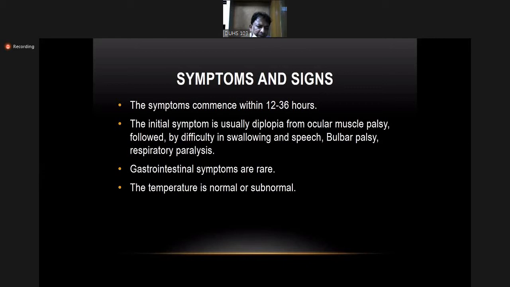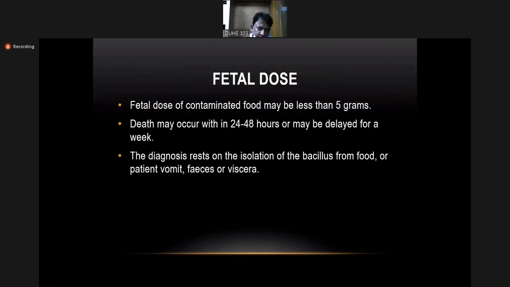Gastrointestinal symptoms are very rare, and the temperature is normal or subnormal. But these symptoms, that is diplopia, muscle palsies, swallowing and speech difficulties, bulbar palsy, and respiratory paralysis are common, and death commonly occurs in this type of toxicity. Fatal dose of contaminated food may be less than 5 grams.